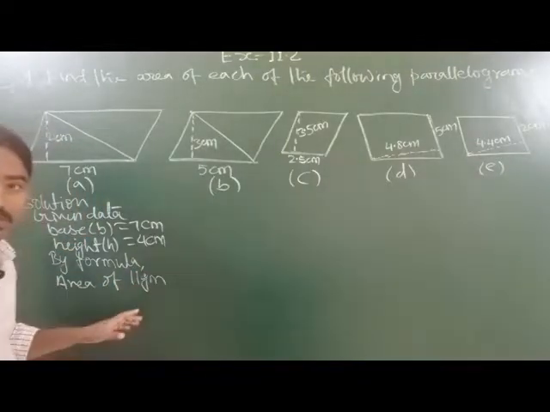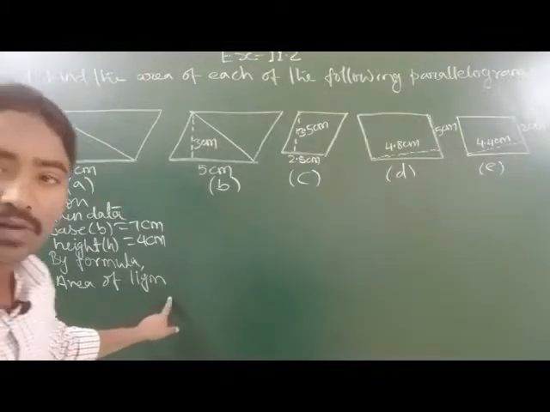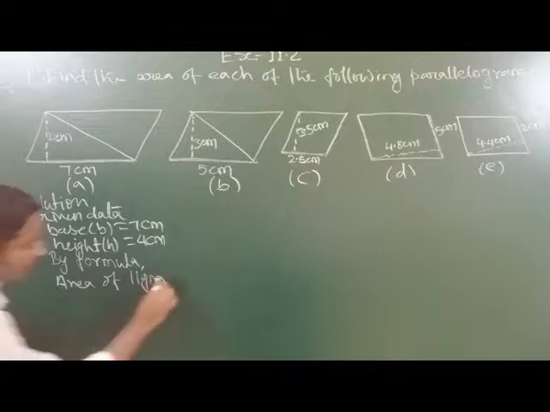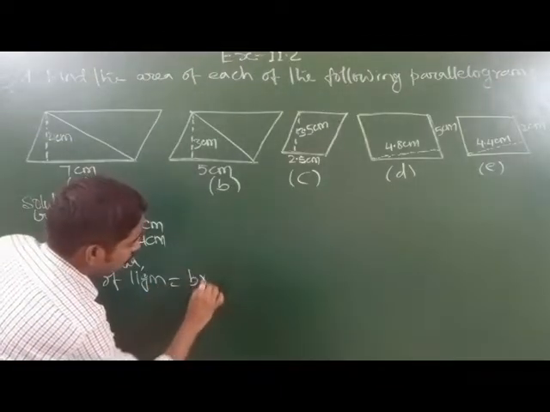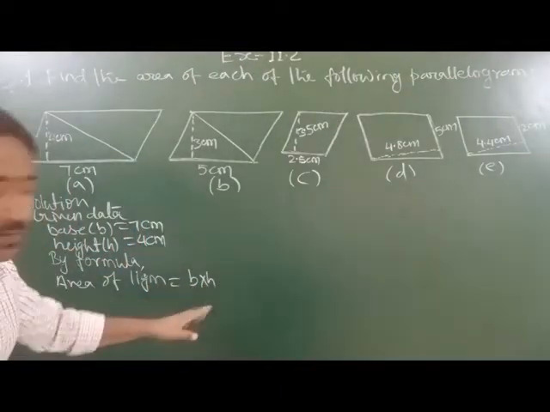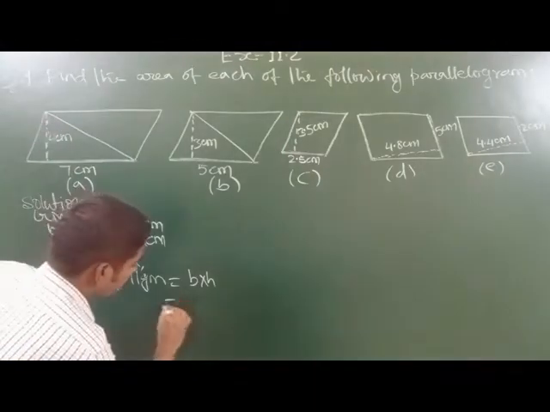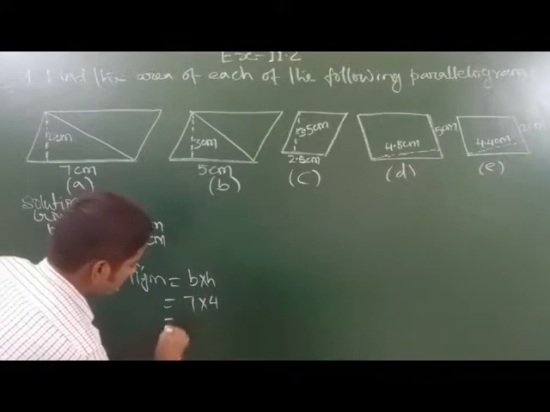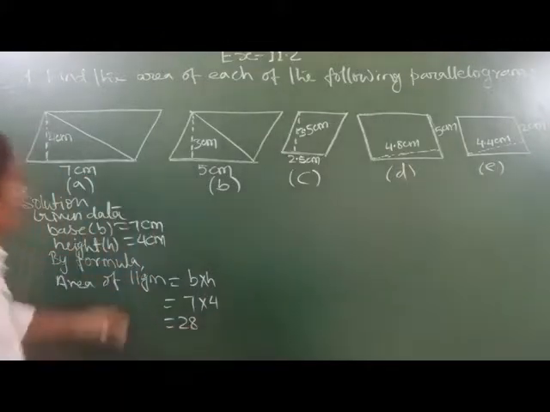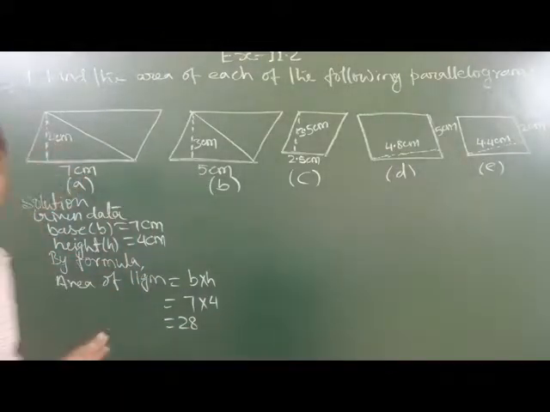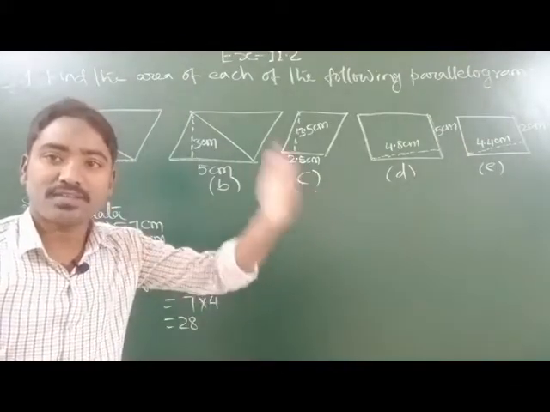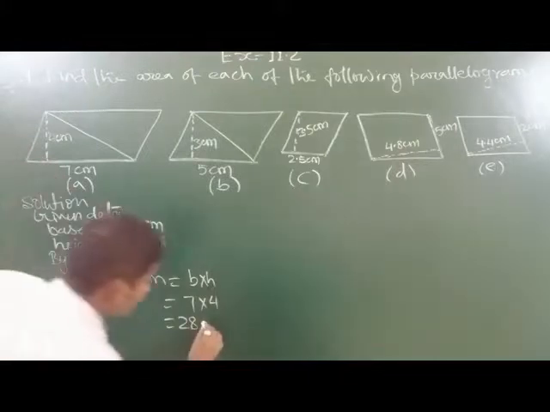If you see here carefully, this is the short form of writing parallelogram. So area of parallelogram is equal to base into height, B for base, H for height. Now put the values: base is 7 and height is 4. So 7 fours are 28, and the unit of base and height is centimeter, so unit of area will be a square unit, that is centimeter square.